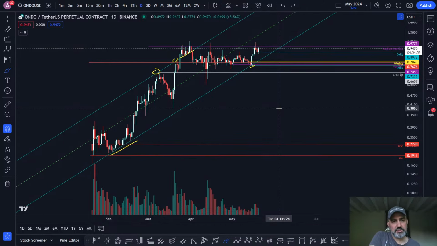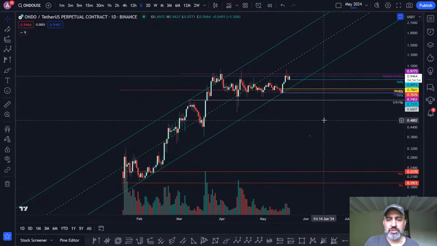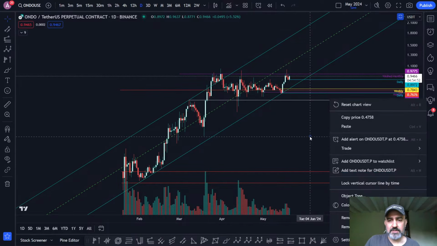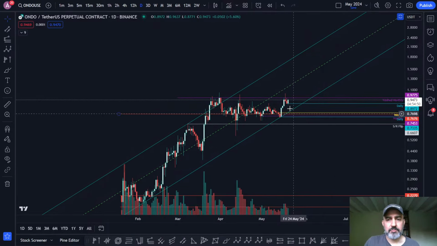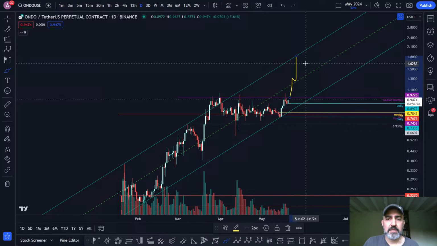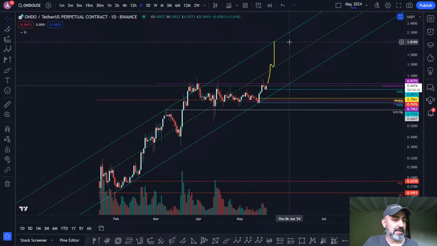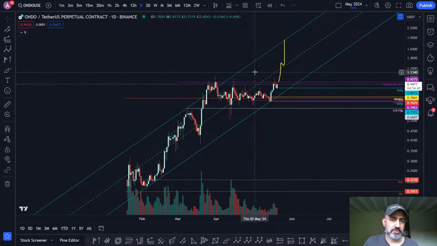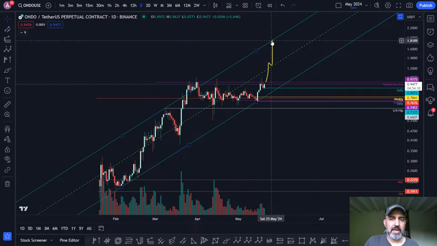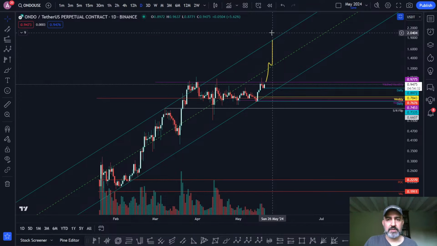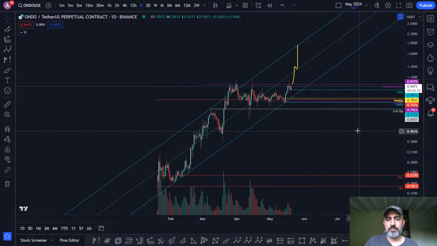Sometimes these channels can be really useful, especially if and when the price does expand to the upside and you're up there. You'd be looking at this channel, going, okay, this is a good place to take profit, or a good place to hedge or do something. You wouldn't just ignore it if you saw that kind of price action.